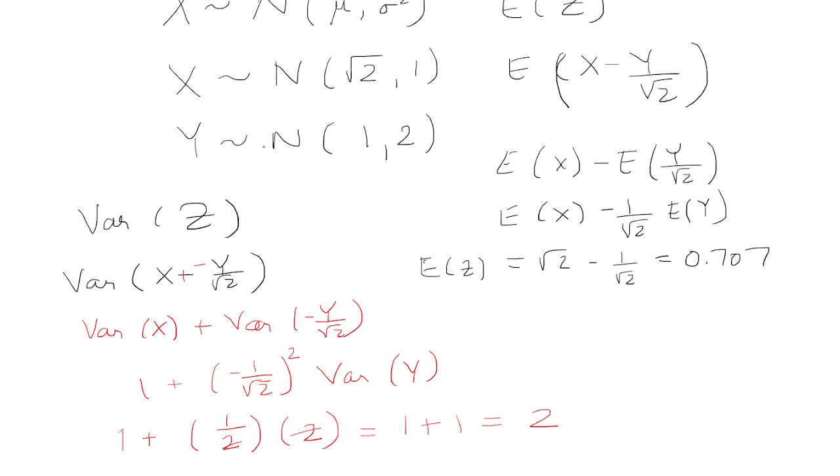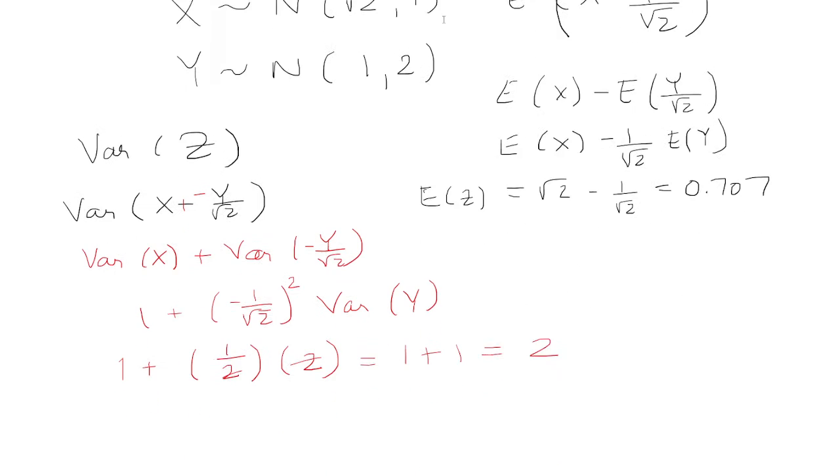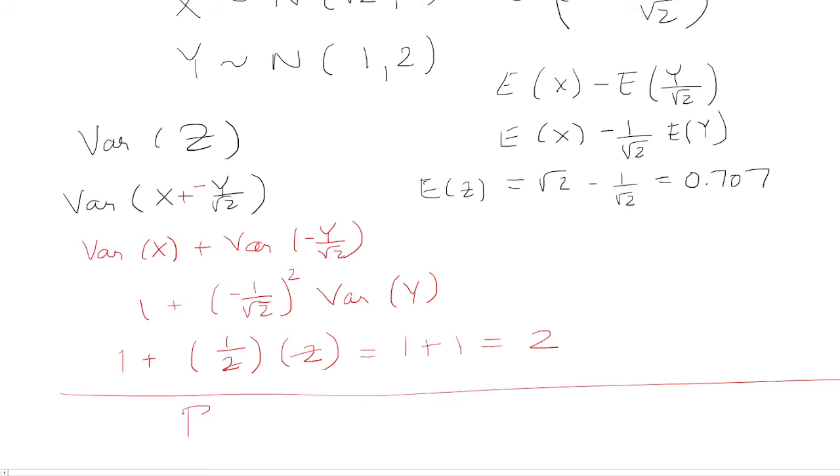Last step, I want to find the probability of Z being between -1 and -3. This is a little confusing because you should really think of it as -3 and -1, since -3 comes first. So that's the probability that -3 is less than Z, less than -1. Now, the problem here is the notation.